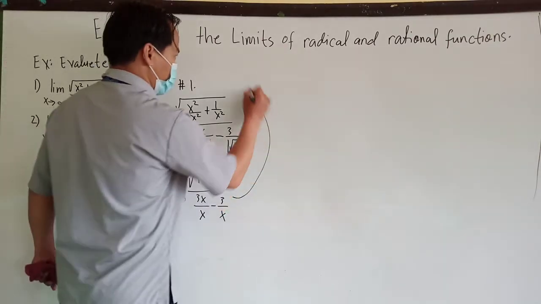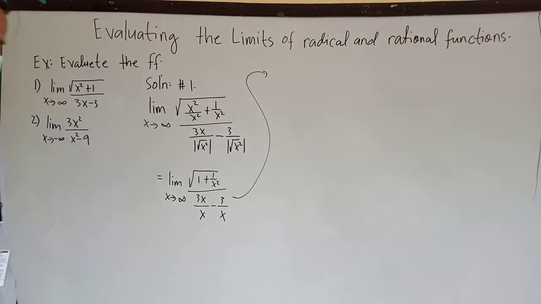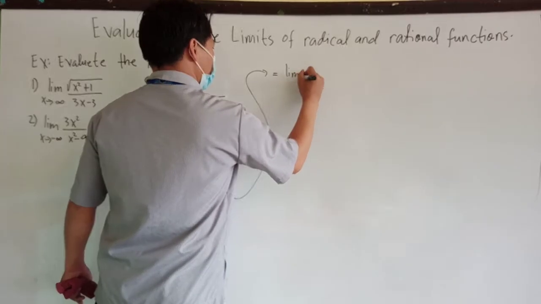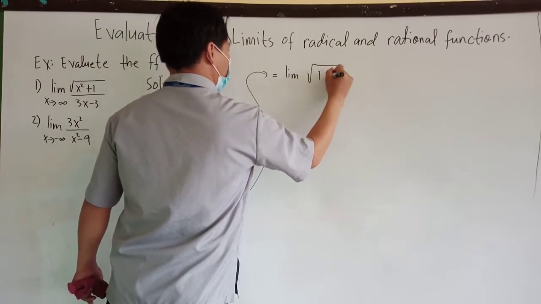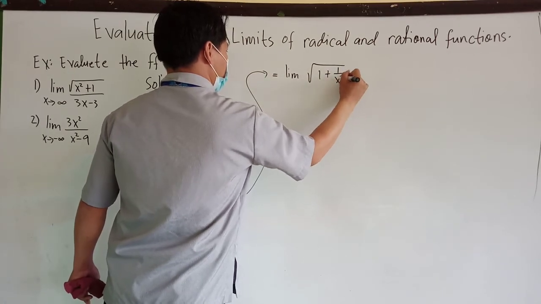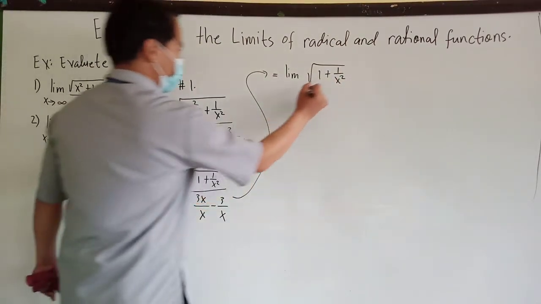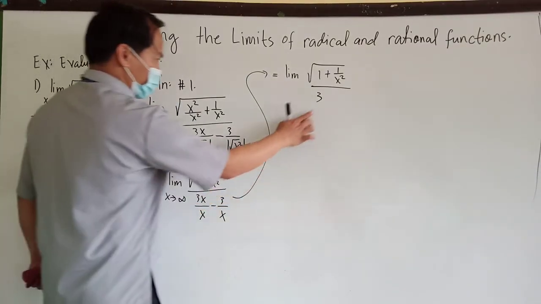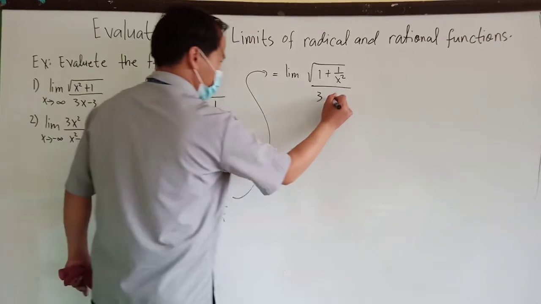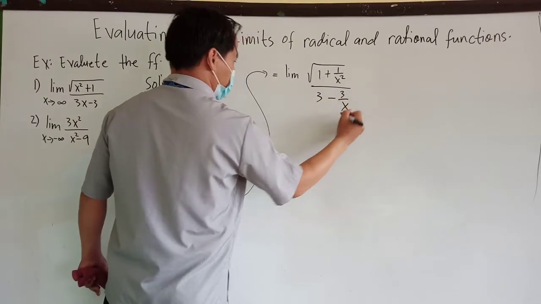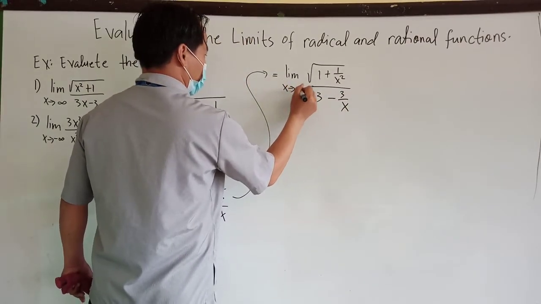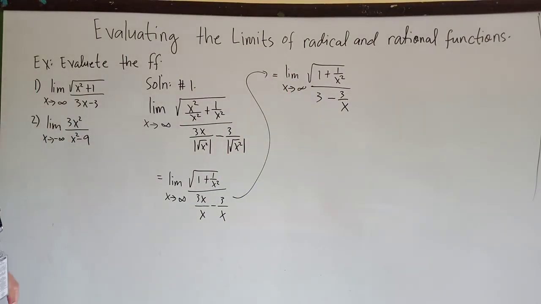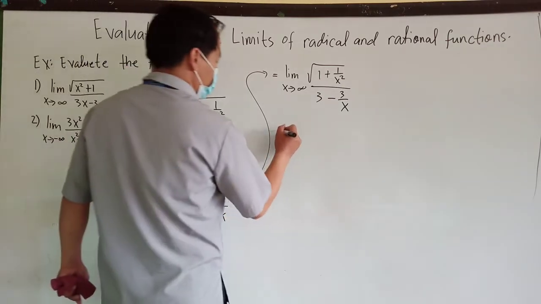Then continue simplifying. That becomes limit of square root of 1 plus 1 over x squared, over 3, because x divided by x, the remaining is 3, minus 3 over x as x approaches infinity. At this time, we can now evaluate this one using the limit laws.